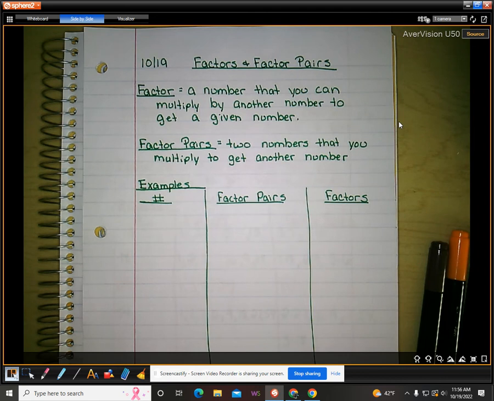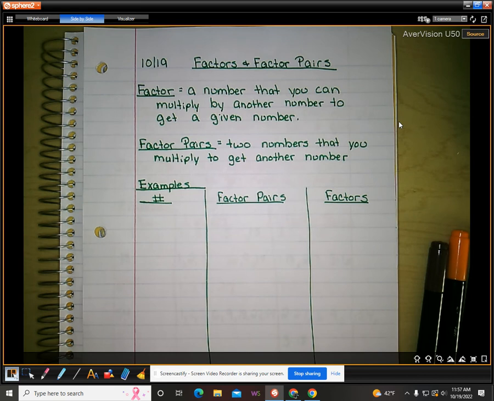Mason, do you know how you knew, or did you just take a good guess? Not sure? Anyone know? 3 times what gives us 45? I'm going to talk about how he could have known that in a second. Mateo? 15. Yep, 3 and 15. So 1 and 45, 5 and 9, and 3 and 15. Those are all factors. They're things that we can multiply to get a given number.